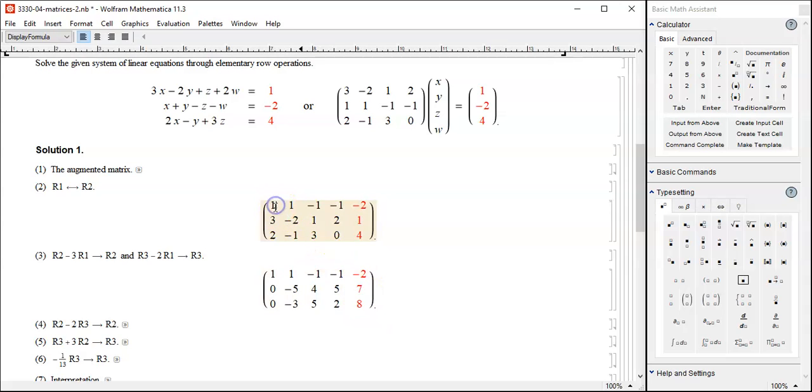Multiply 2 and subtract: 2 minus 2 is 0. Negative 1 minus 2, so this is negative 3. 3 minus negative 2, so we have positive 5. Then 0 minus twice of this, so 2. 4 minus twice of negative 2, so it's basically 4 plus 4, so we have 8. Kind of like that. So we are done with these.